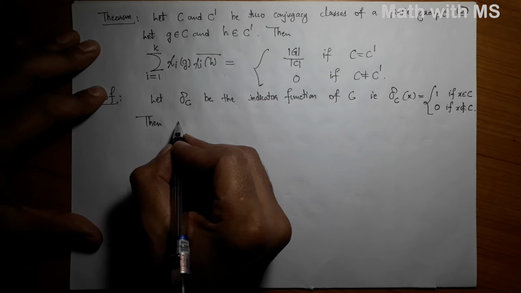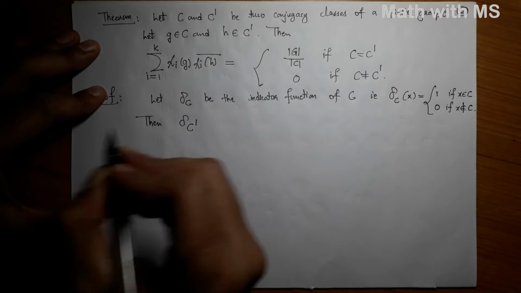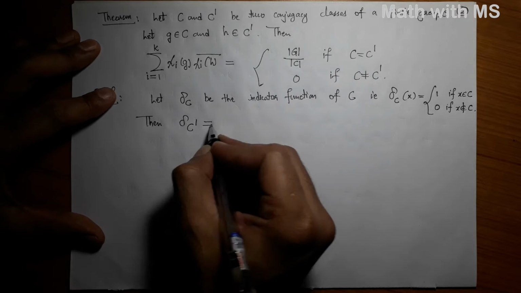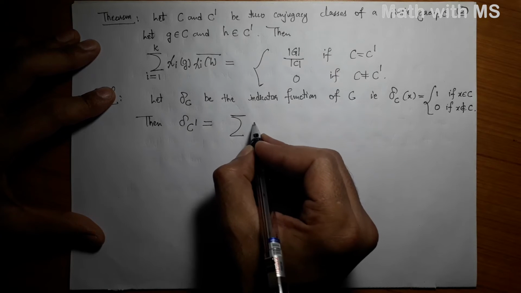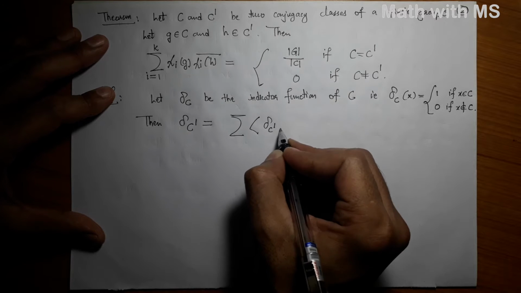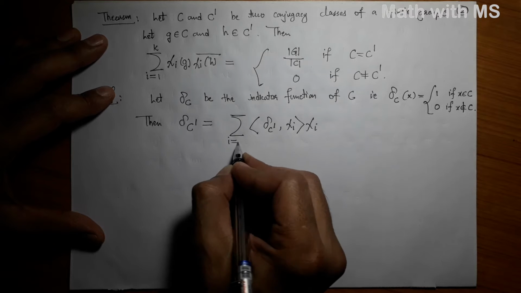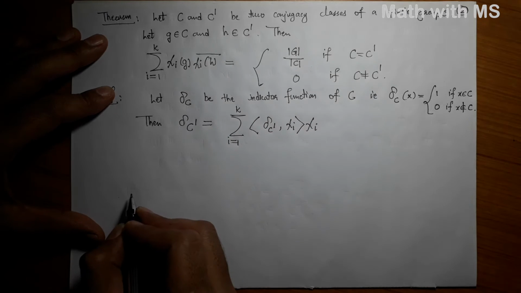So then I can write delta of C prime as the summation of the inner product of delta of C prime with chi i, times chi i, where i going from 1 to k.